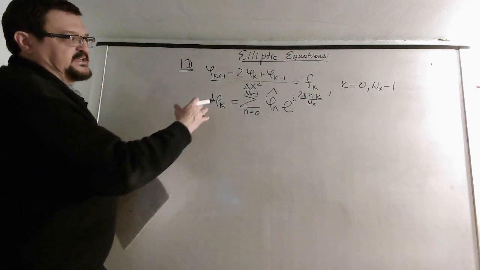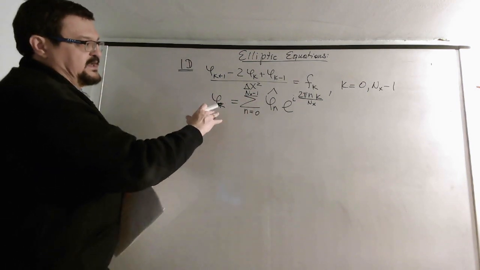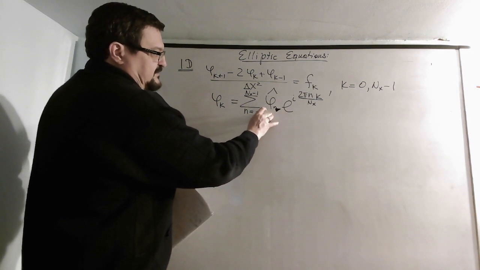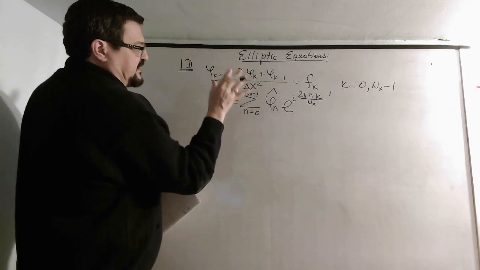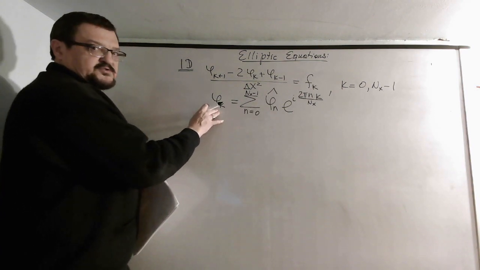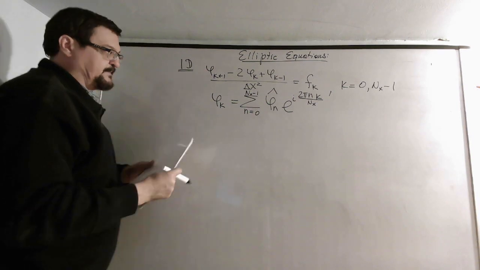This is already the inverse transform. If we know those Fourier coefficients, we use this inverse Fourier transformation to obtain the solution at the grid points.